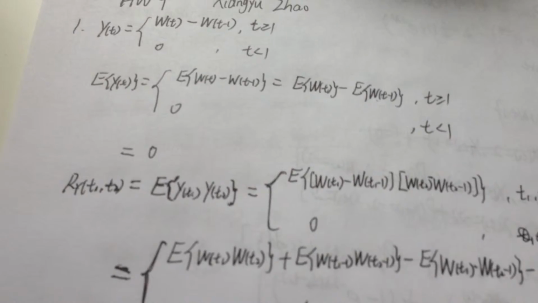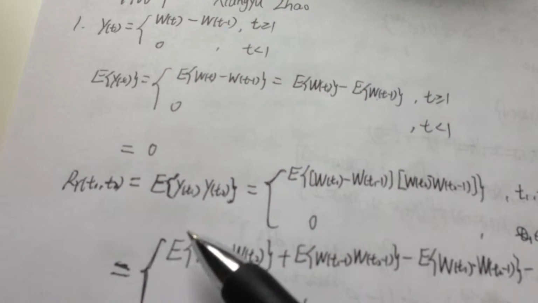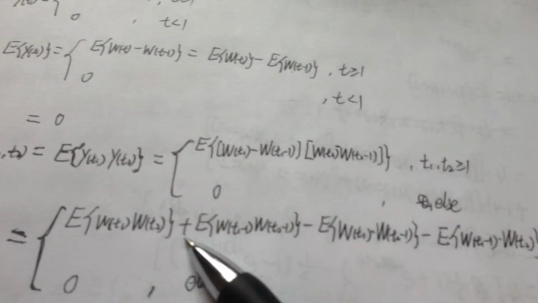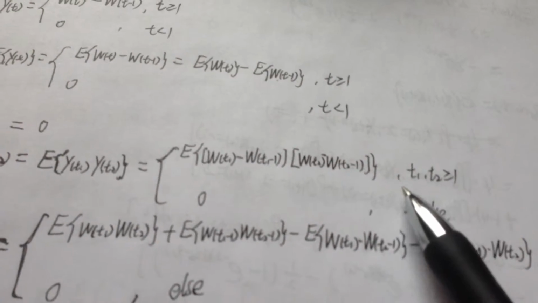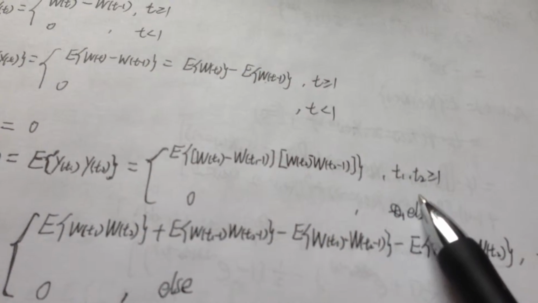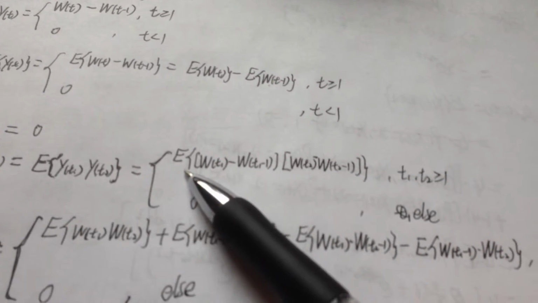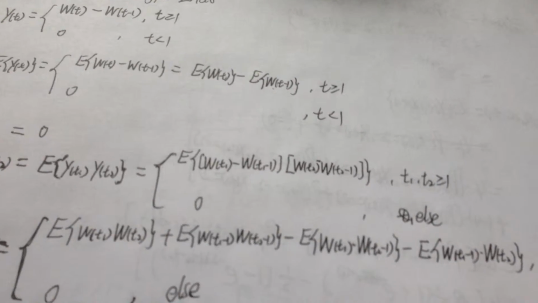Then we have to find the autocorrelation, and it equals the expected value of the product of Y(t1) times Y(t2). When both t1 and t2 are greater than or equal to 1, the autocorrelation equals this, and otherwise it equals 0.